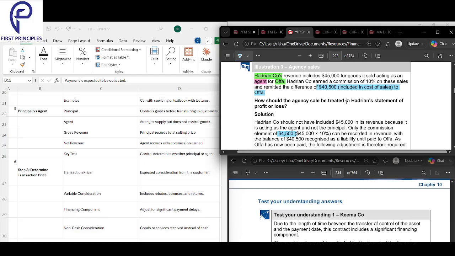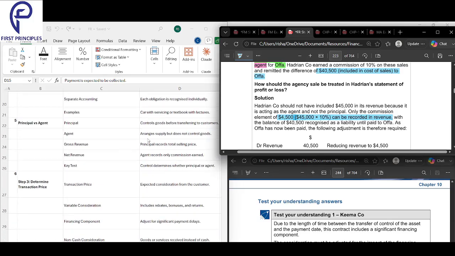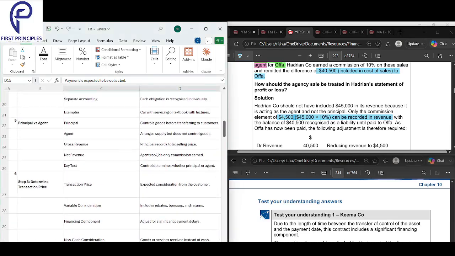Okay. So now Hadrian Co should not have included 45,000 in its revenue in the first place because it is acting as an agent. Only the commission of 4,500 should be recorded in revenue. In case of Hadrian, it should record only 4,500 as the revenue, only the net. The agent should only recognize the net revenue, right? The 10% of 45,000, only this should be recorded as revenue.